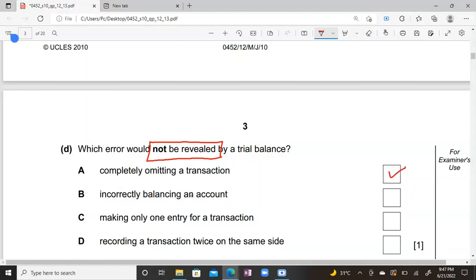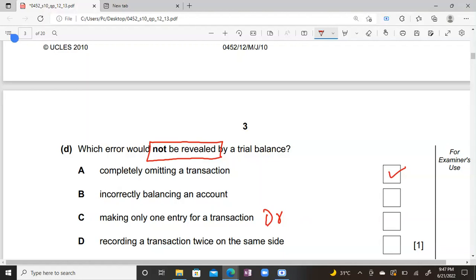Because incorrectly balancing an account, if you incorrectly balance an account, definitely both sides will not be equal. In the trial balance there will be a difference. Making only one entry for a transaction, so let's say you have recorded on the debit side but you forget to record on the credit side, so the trial balance will not balance.